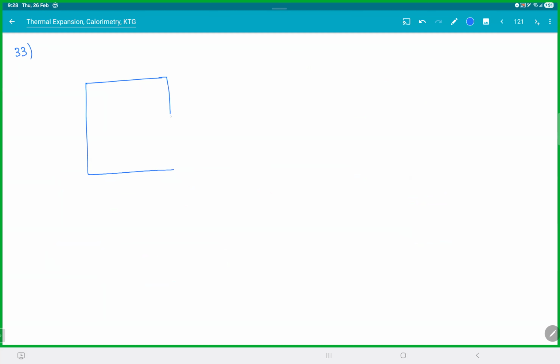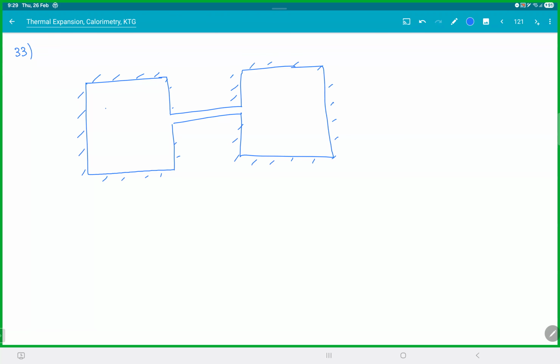We have two compartments. Pressure is P1, volume V1, temperature T1. This is a hydrogen gas. P2, V2, T2, helium gas.